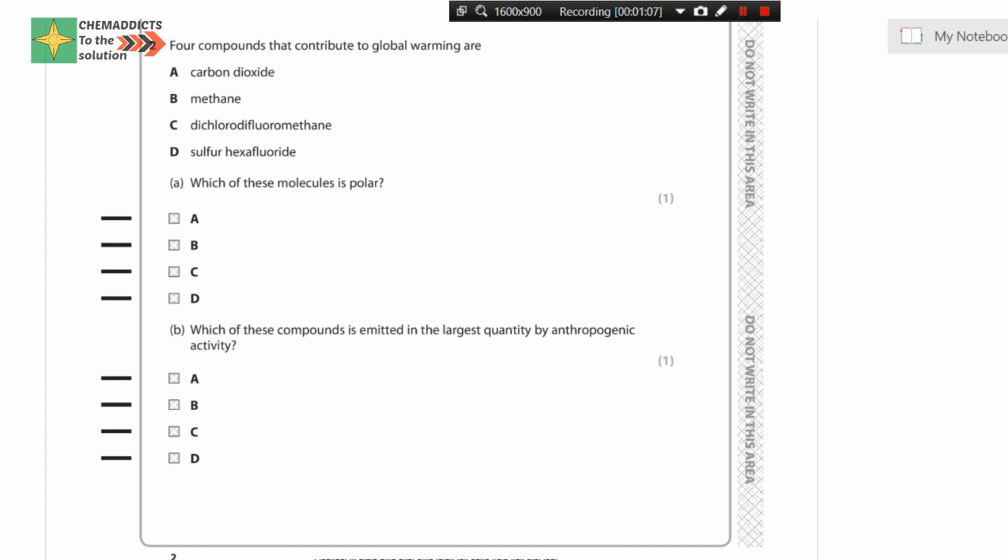Four compounds that contribute to global warming are carbon dioxide, methane, dichlorodifluoromethane, sulfur hexafluoride. From these options we need to find who is responsible for ozone depletion, the depletion of the ozone layer.